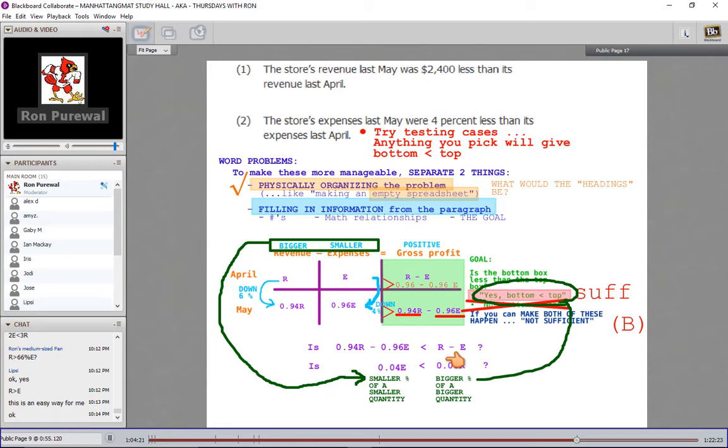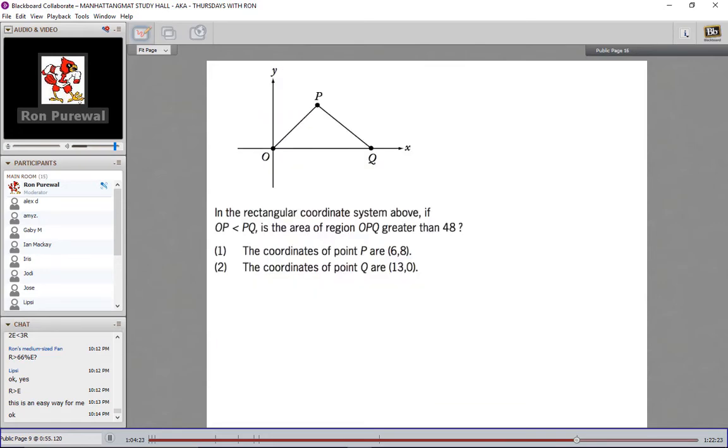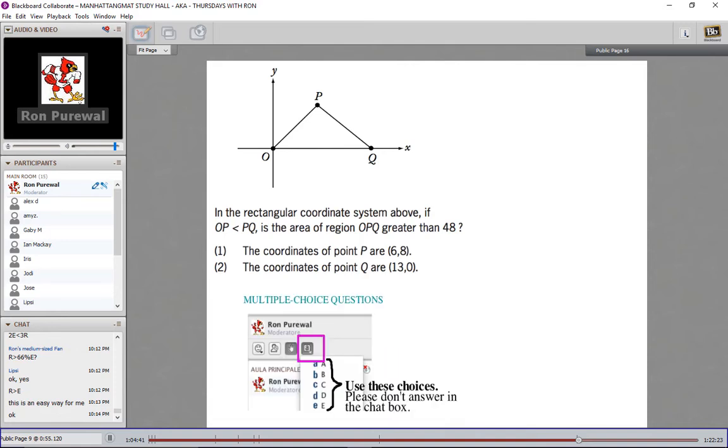Let's do this one. Don't forget where your multiple answer choices are located. This is the last problem of the calendar year. Goal setting, this is the goal. What's not the goal, guys?